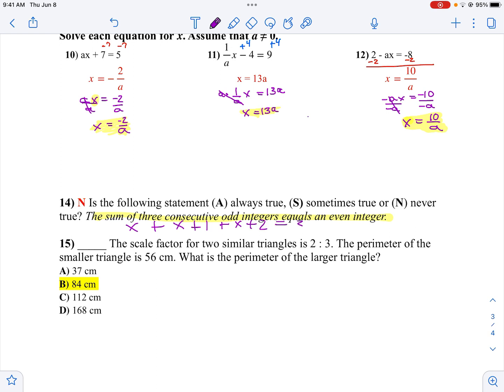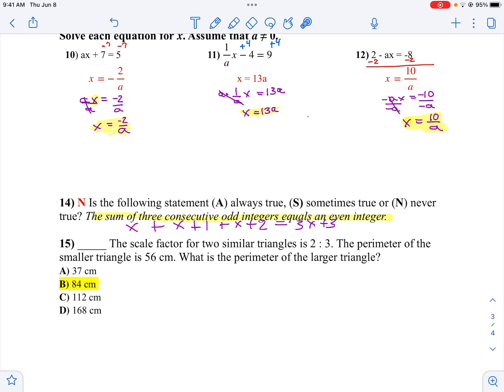That would be 3x plus 3. Notice, no matter what kind of number I pick for x, when I multiply it by 3, it'll be an odd, or it could be an even, because 3 times 1 is 3, but 3 plus 3 is an even. But if I add an odd to an even, I always get an odd.